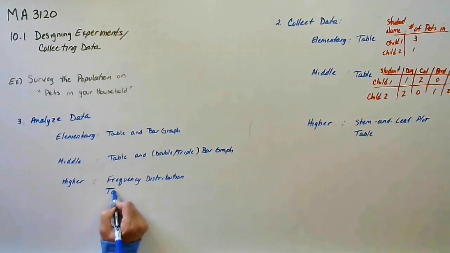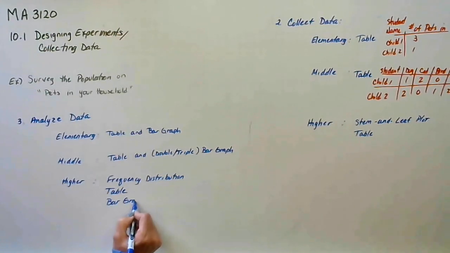You could have a table. You could have bar graphs. Of course, you can always use what you've learned in your past, but you might have a stem and leaf. Okay, and then eventually you might get into computer modeling.